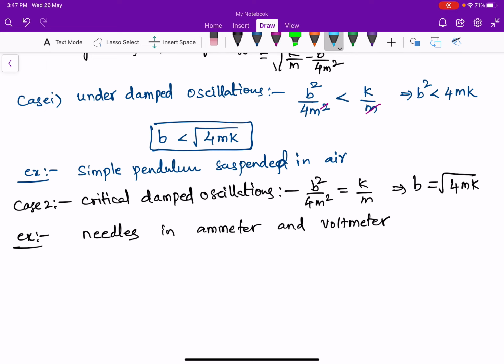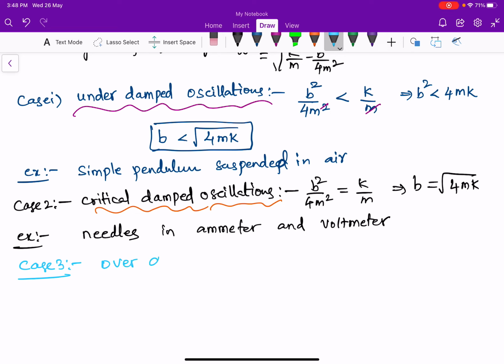And case 3. We have seen about under damped oscillations, and also about critical damped oscillations. Now we are going to see about over damped oscillations. Damping is over, that means damping is more. In this case, b square by 4m square is greater than k by m.